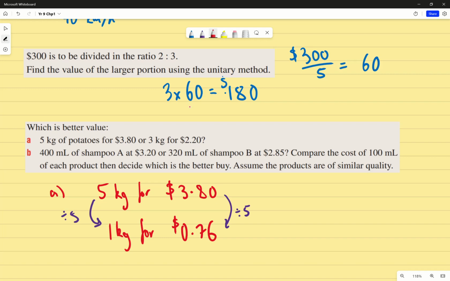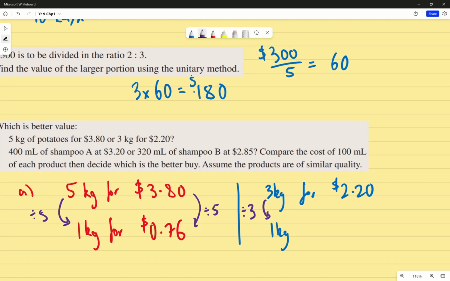So to do the second component, I'm going to say that 3 kilograms for 220, and then how do I get to 1 kilogram? Of course, I know it's divided by 3. And if I do it to the left, of course, I do it to the right. Gentlemen at the back, are we writing this down?